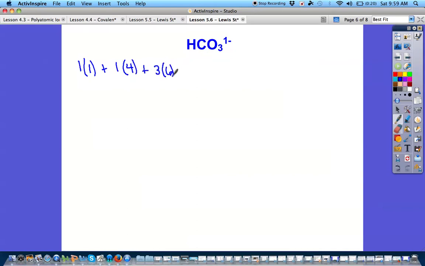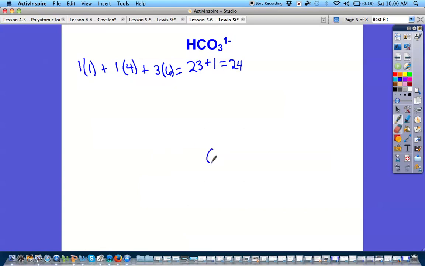Oxygen has 6 valence electrons. So 1 plus 4 is 5, plus 18 gives us a total of 23. We have a negative charge, so we are gaining 1 electron, so we're going to add 1 to this. So now we have a total of 24 electrons.